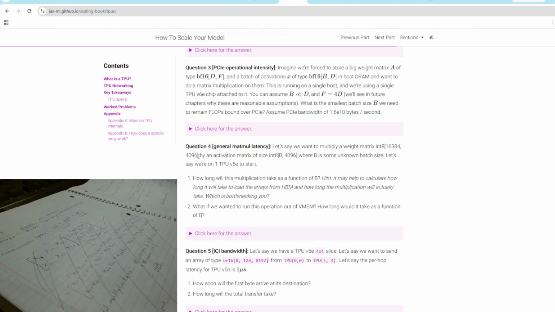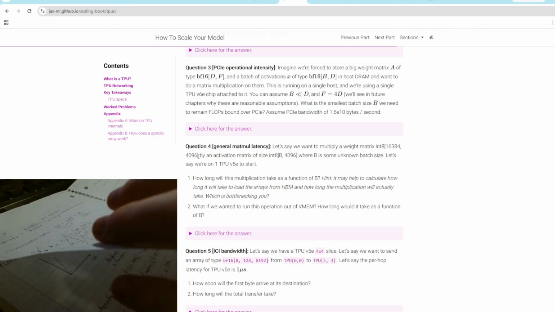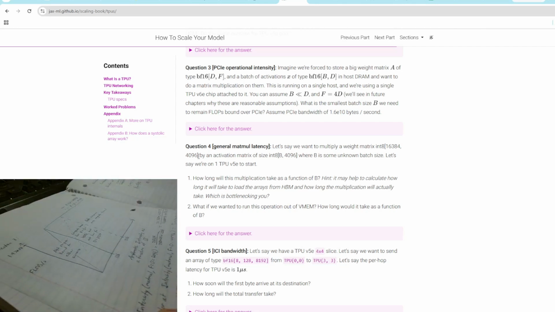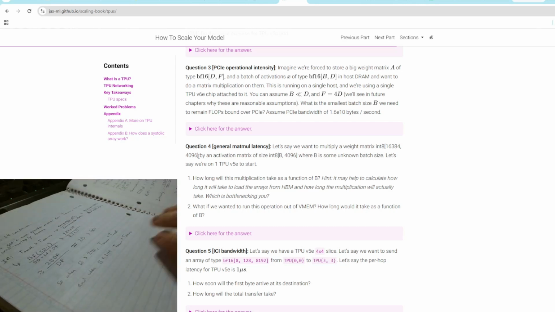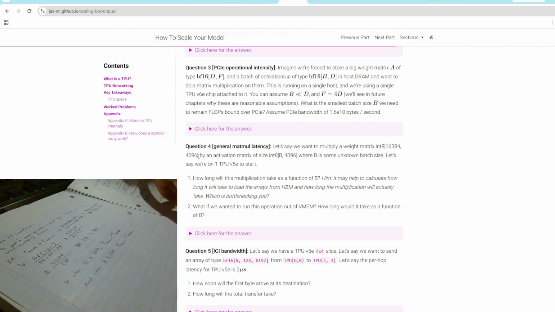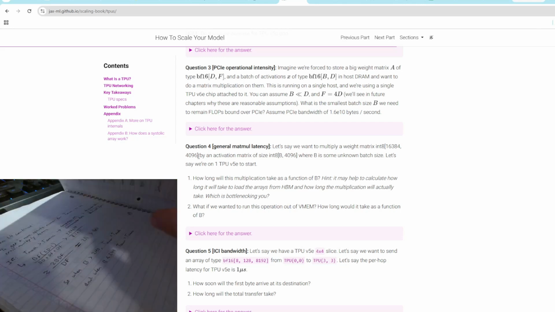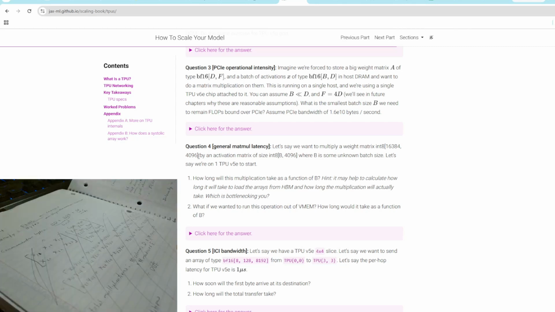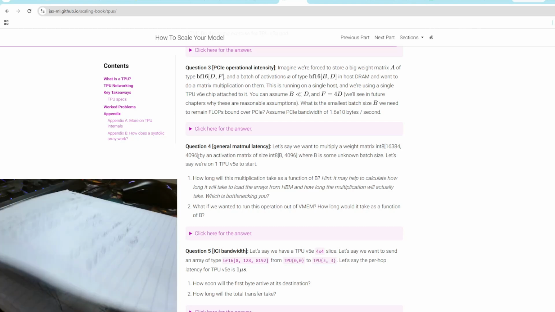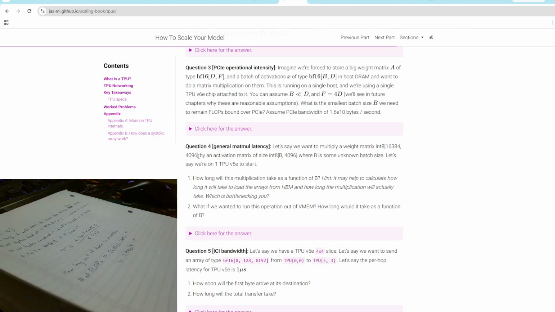So let me just try to remember what was D and what was F. I think D was the shared dimension. Yeah, so D is the shared dimension. So it should be 16,384 times B times 2 times 4,096 minus 1.